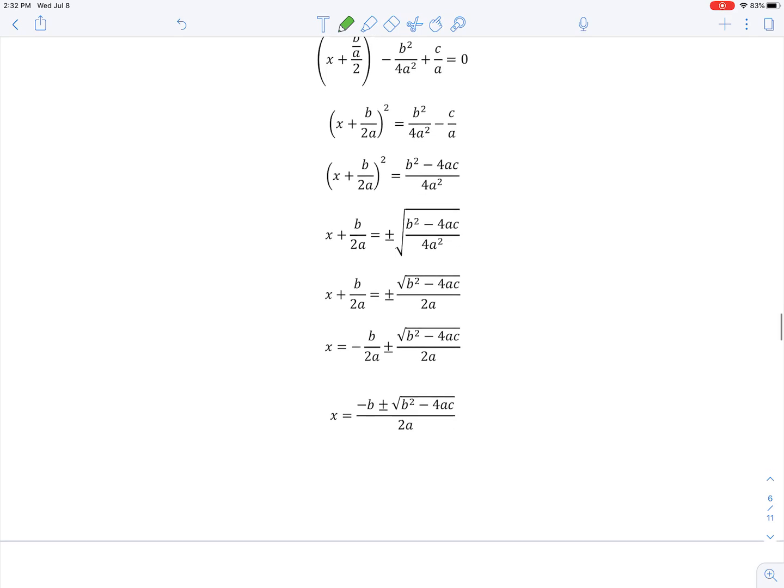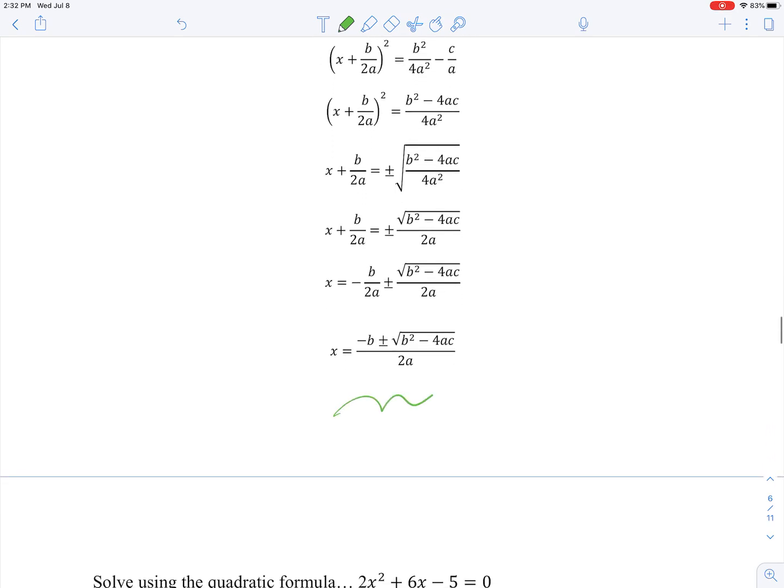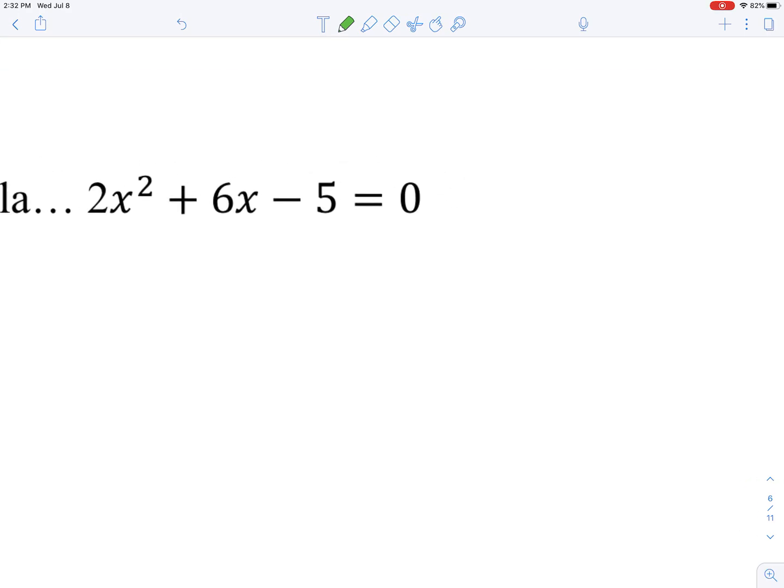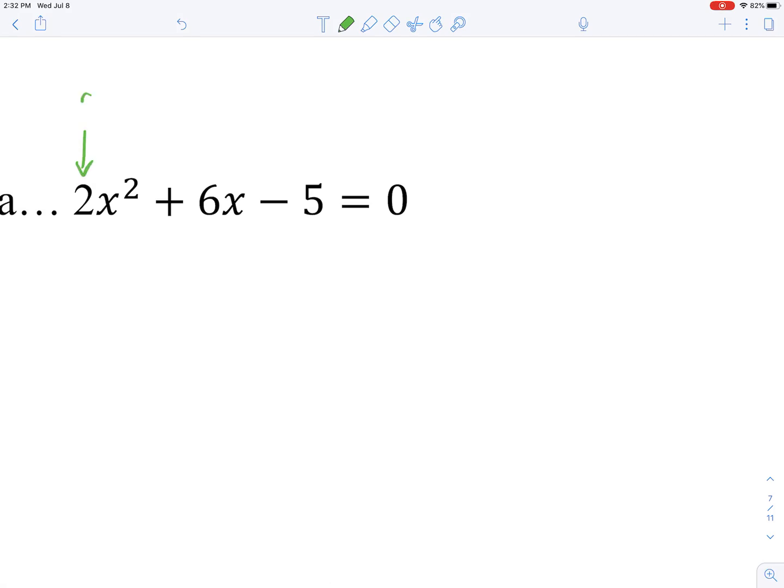Okay, so to derive the quadratic formula, you complete the square for the general quadratic equation. And I have all the steps here. You can look through it. If you have any questions, let me know. But we get down to x equals negative b plus or minus the square root of b squared minus 4ac all over 2a.